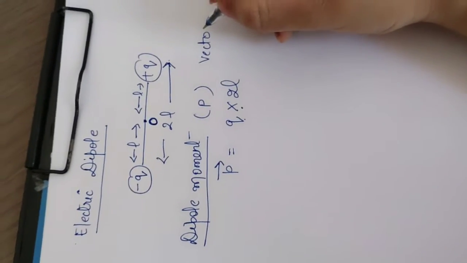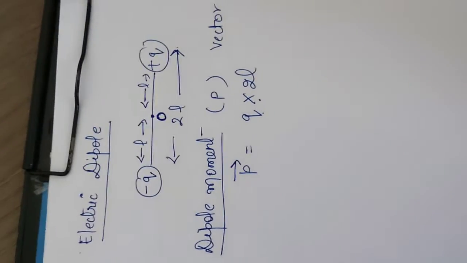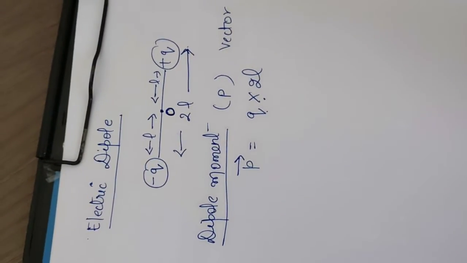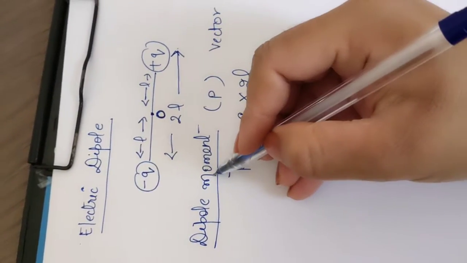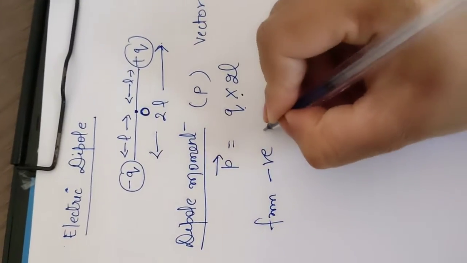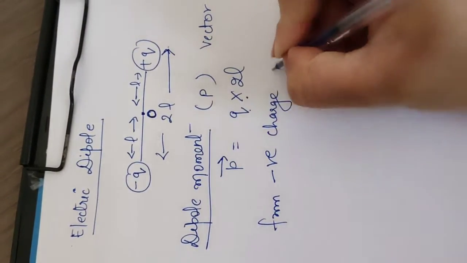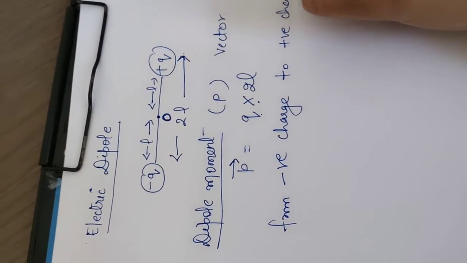Now since it is a vector quantity, what can we say about its direction? The direction of dipole moment is always from the negative charge towards the positive charge.